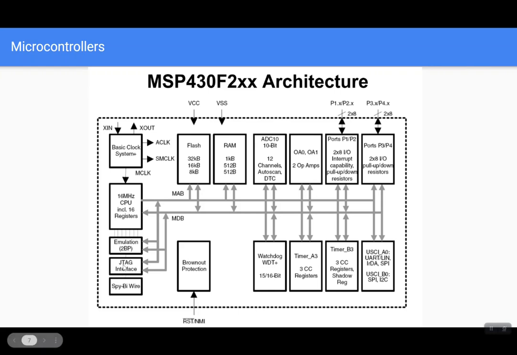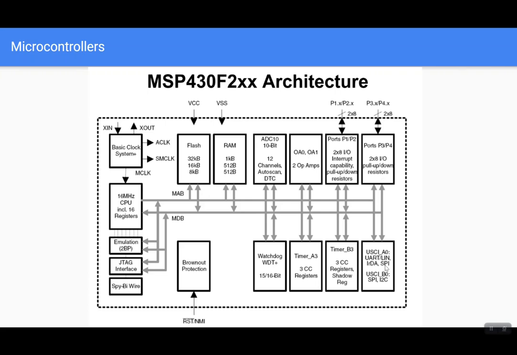The JTAG interface is also one of the common blocks. But SPI by wire may not be a common block like in other microcontrollers. So our intention is to give you clarity on what a flash block is, a RAM block, an ADC, an analog to digital converter, a 10-bit one. These are the op amps.